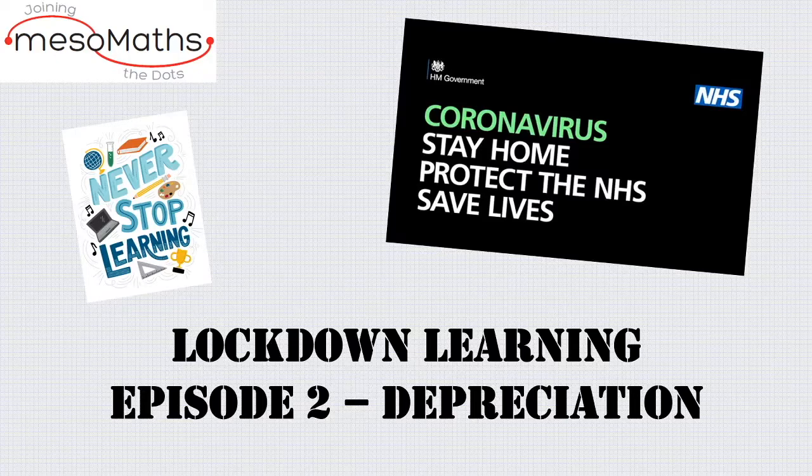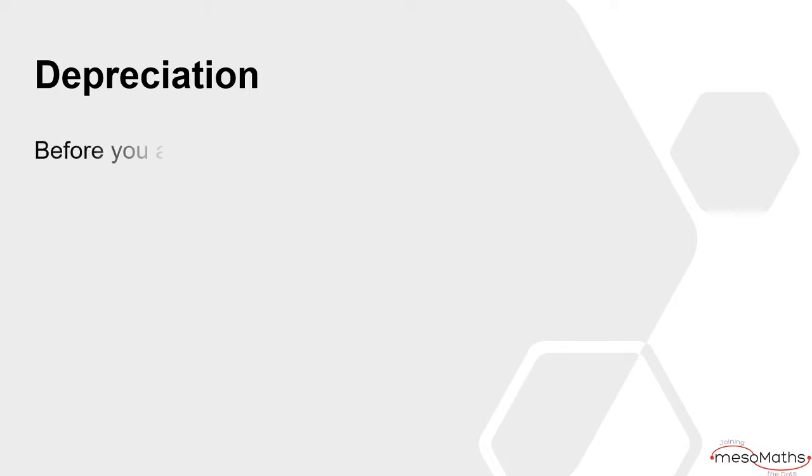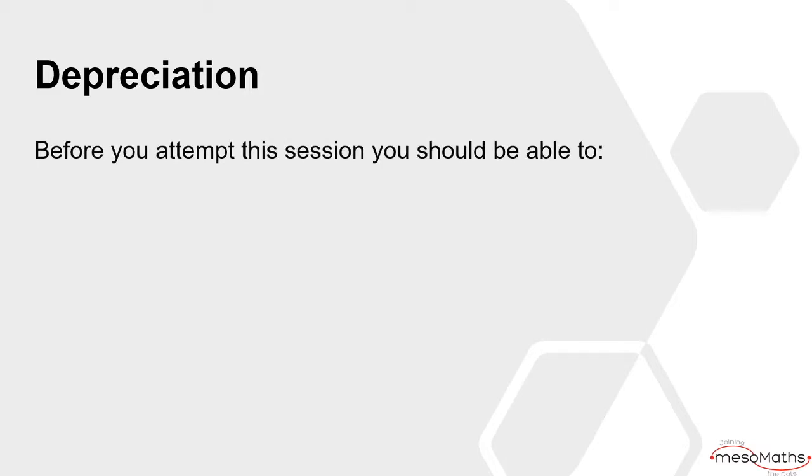This episode we're going to look at depreciation. Now this lesson follows on from lesson 1 where we were looking at compound interest. So in order to access this particular lesson on depreciation, there's several things that you should already be able to do. You should have watched the last video. You should be able to calculate compound interest.